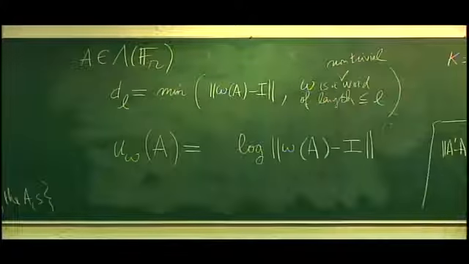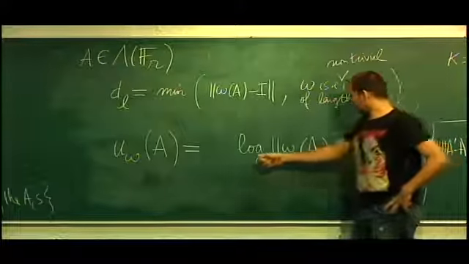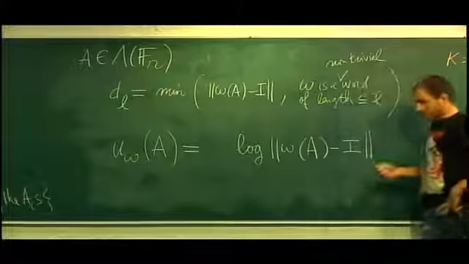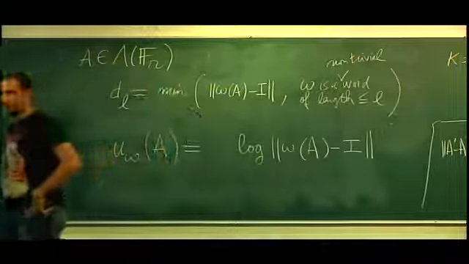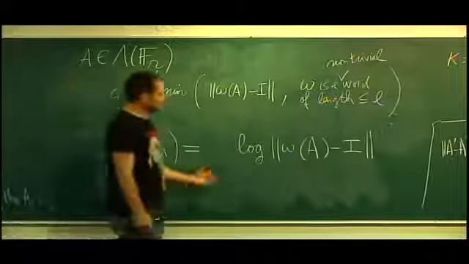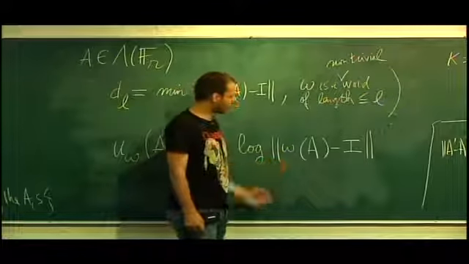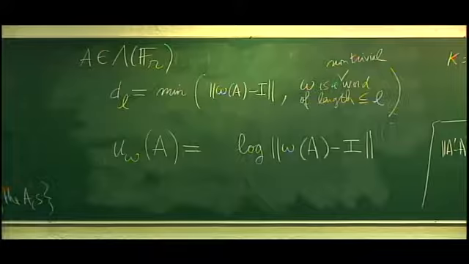Of course, this function has a logarithmic pole at any matrix for which omega of A is equal to the identity. So if you have a representation for which omega of A is close to the identity, this function is going to be really negative.